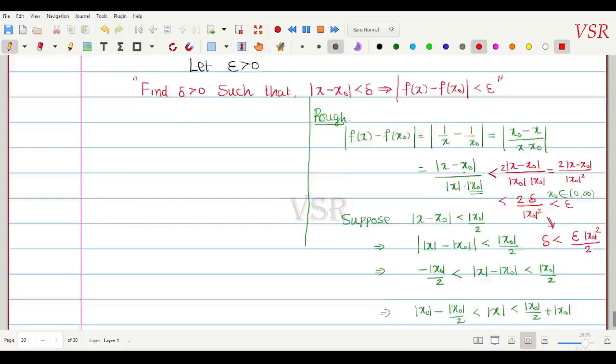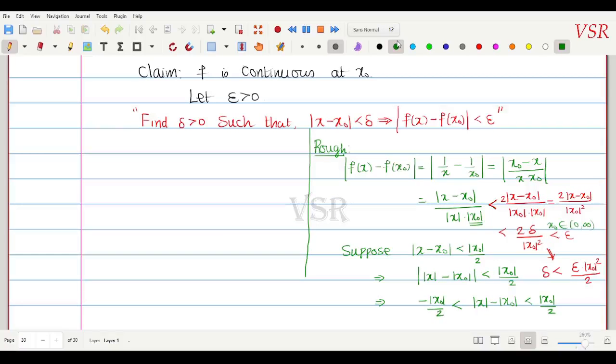Now let us come back to that statement. So given epsilon positive, what I do now is choose 0 strictly less than delta, and this delta is smaller than the minimum of mod x0 by 2, and also this fellow has to be epsilon into mod x0 the whole square divided by 2.